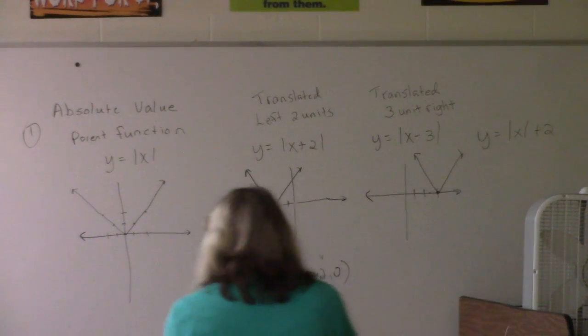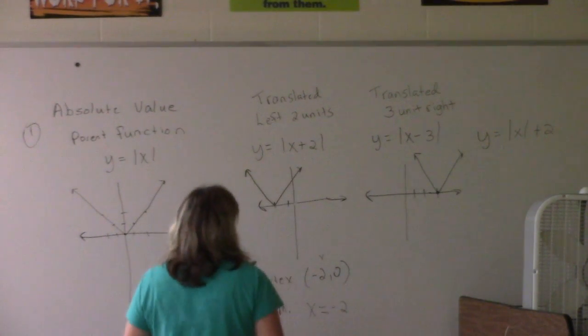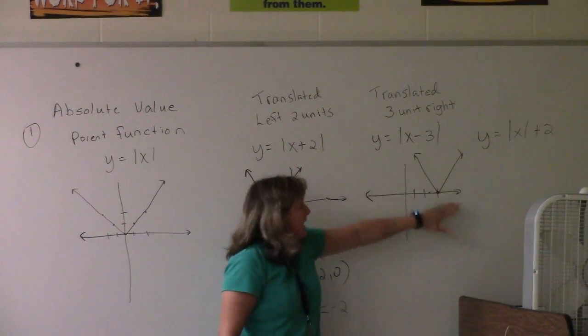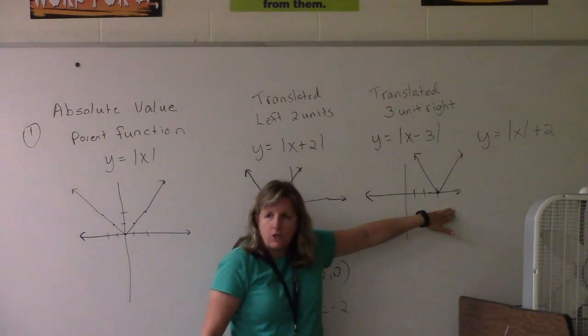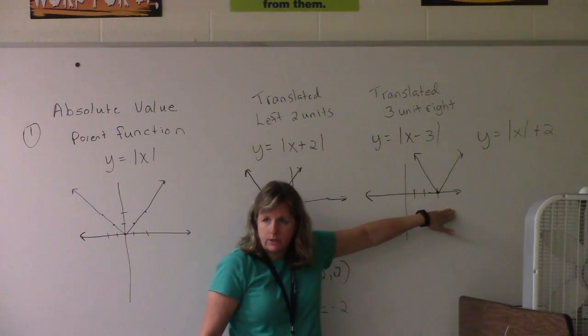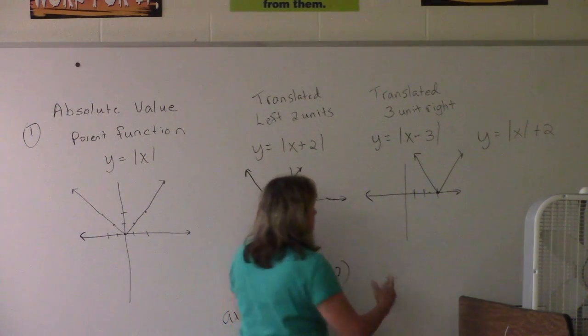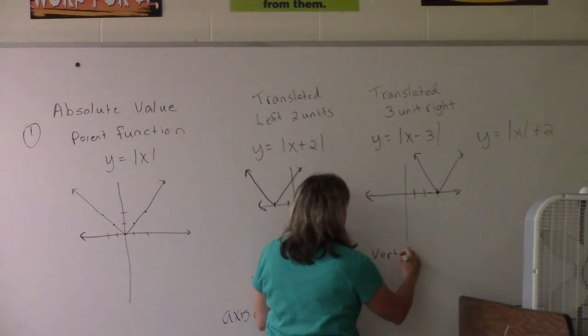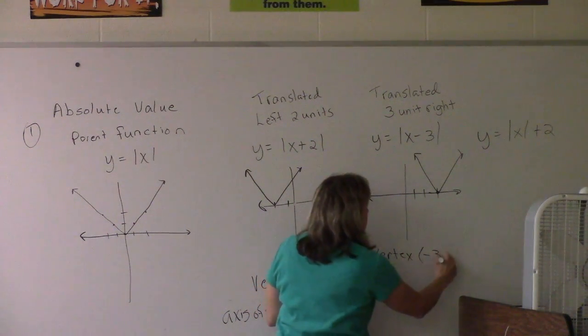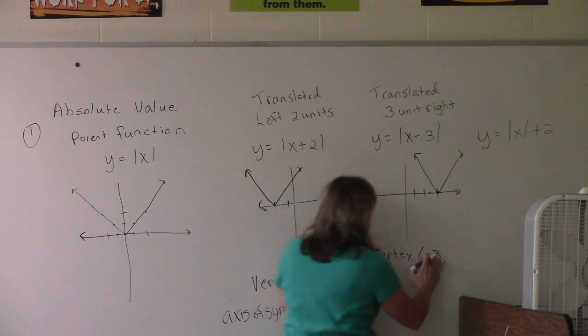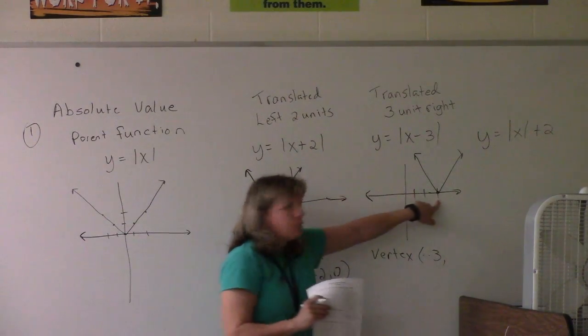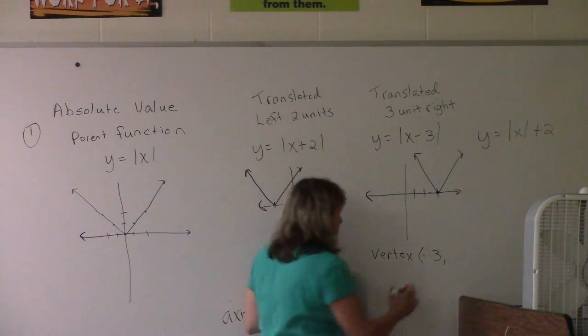Now notice when I subtract 3 inside this x value, it translates that function 3 units right. So my vertex is going to be -3, I'm sorry, +3, because I went 1, 2, 3 in the positive x direction.